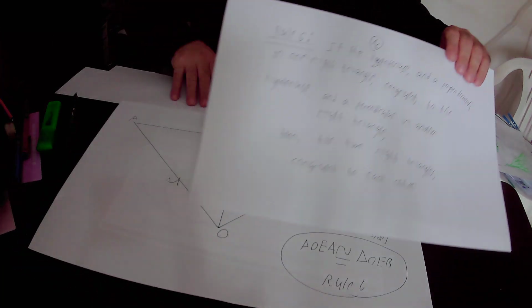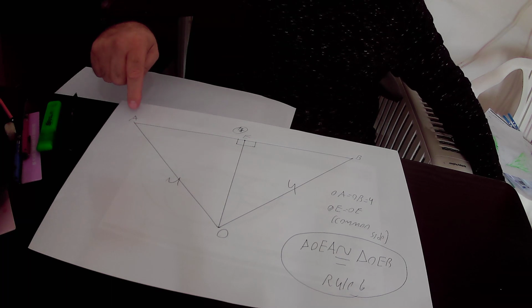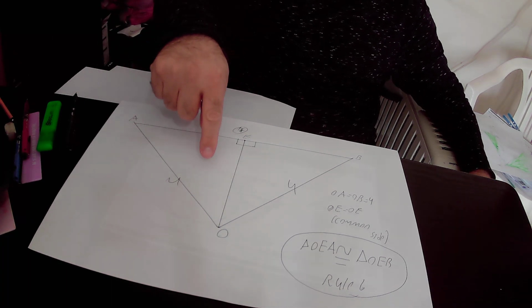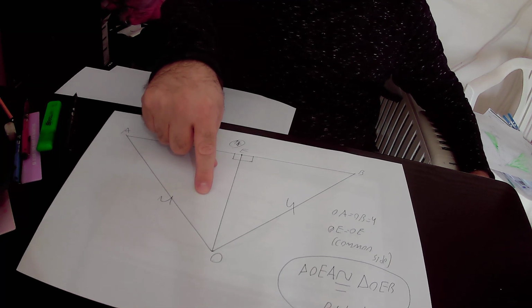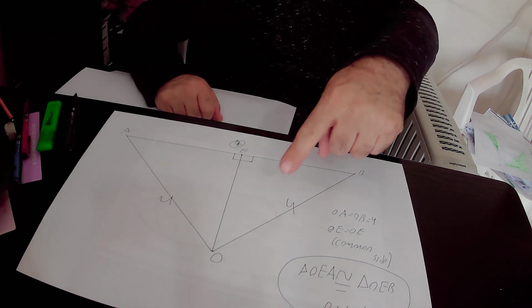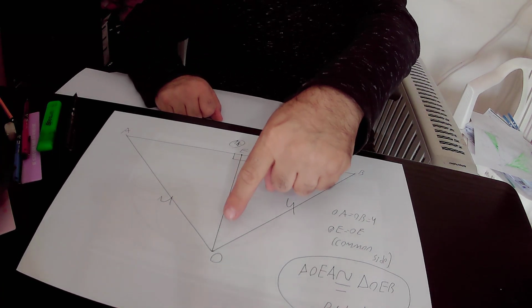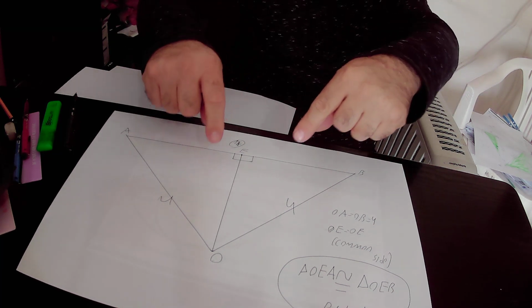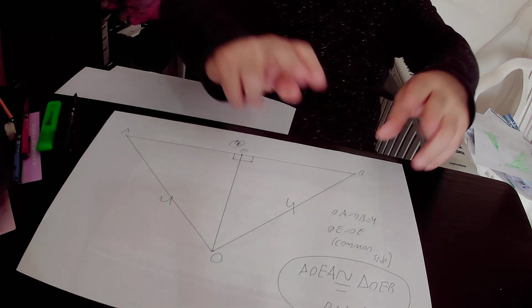And we actually proved that the hypotenuse OB and the perpendicular OE in the right triangle OEA can go into the hypotenuse OB and the perpendicular OE in the right triangle OEB. Therefore those two right triangles can go into each other according to rule number 6.